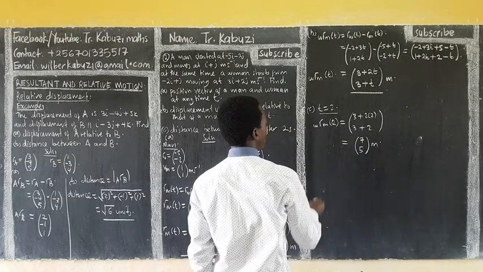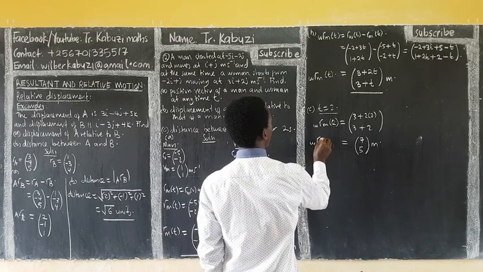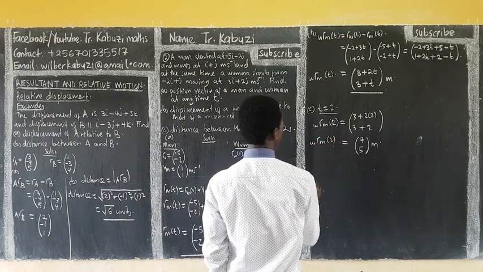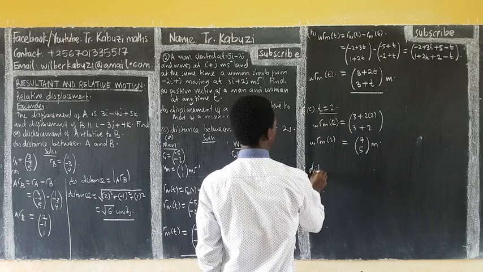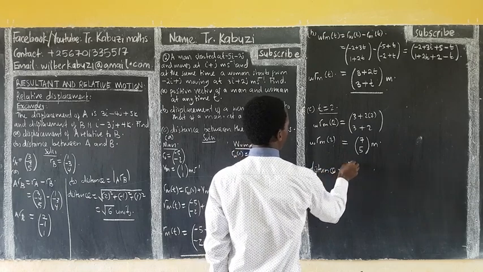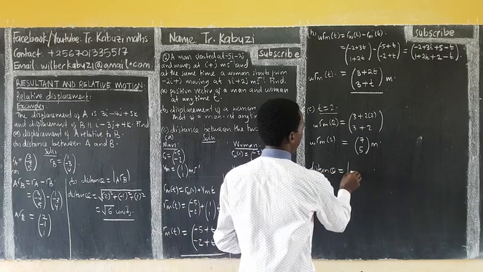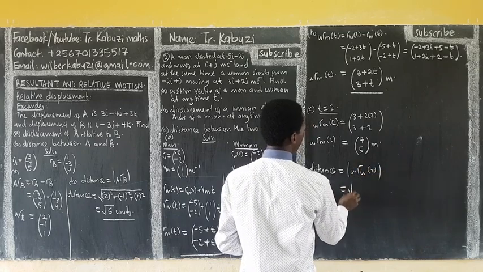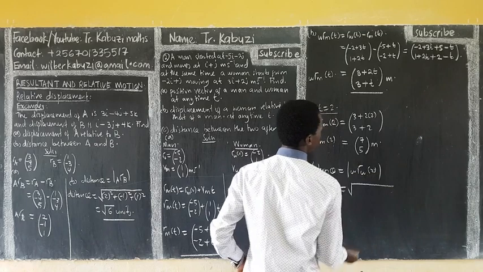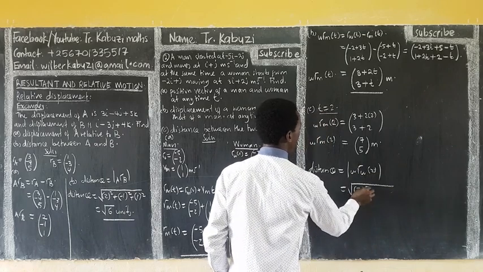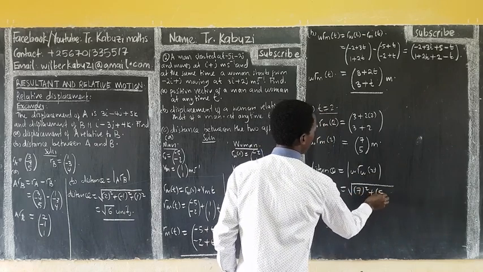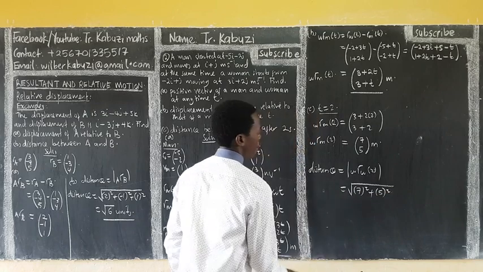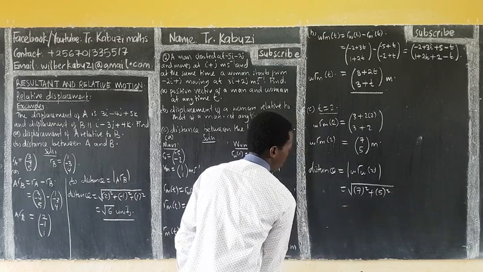Okay, so now our distance is going to be the magnitude of this displacement after 2 seconds, which would be the square root of 7 squared plus 5 squared.